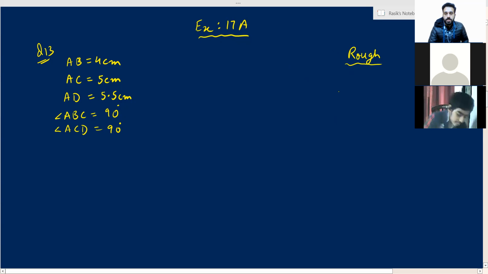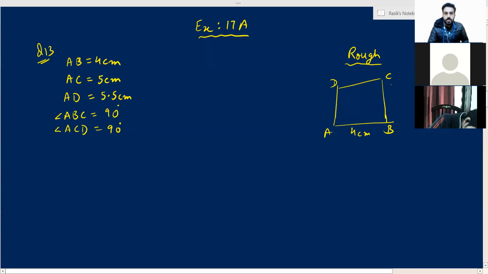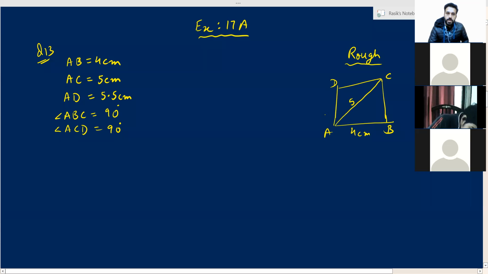So first of all, let us draw the rough figure here. ABCD. Here the length of AB is 4 centimeters. AC is the diagonal, 5 centimeters. AD is 5.5 centimeters. Angle ABC we have to draw 90 degrees, a right angle, and angle ACD, that means this angle also, should be 90 degrees.